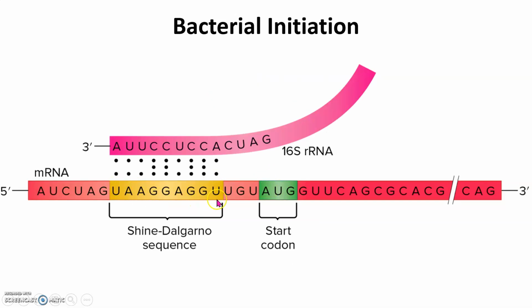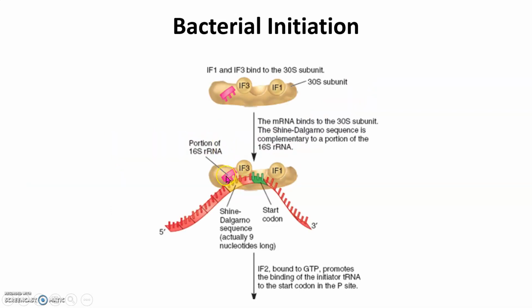So here's the Shine-Dalgarno, and here's our start sequence. And you'll see that the Shine-Dalgarno sequence is complementary to the 16S RNA. So here's our 16S RNA on our ribosome, interacts with this Shine-Dalgarno, which is positioning the start codon into the P site. The initiator tRNA molecule is the only one that starts in the P site.